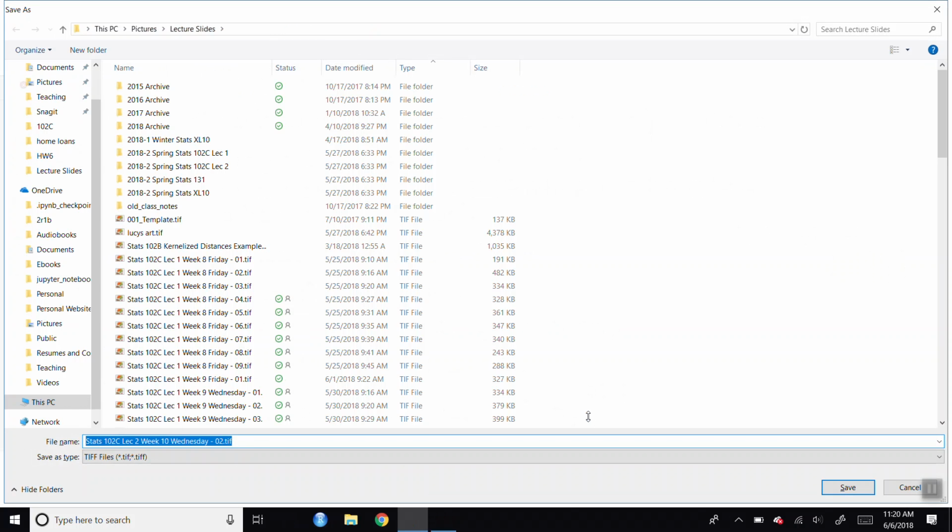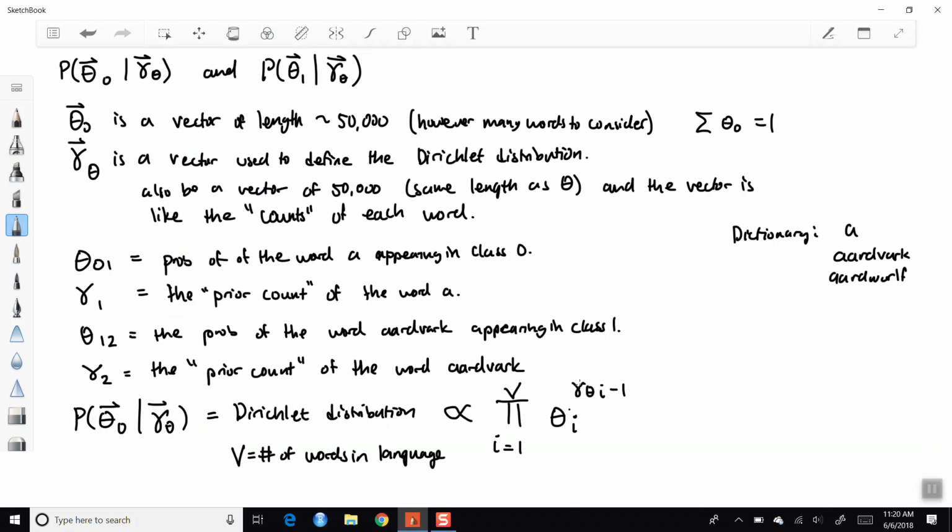This is exactly the same as the beta distribution, except in the beta distribution I only goes from 1 to 2, and by nature of probabilities, they have to add up to 1, so you've got theta I and 1 minus theta I. All right, so this is proportional to the Dirichlet likelihood.